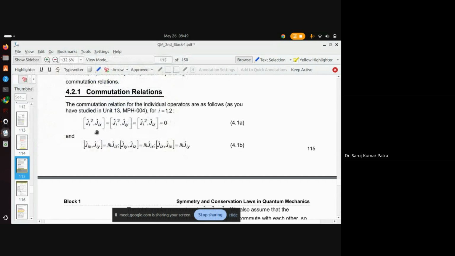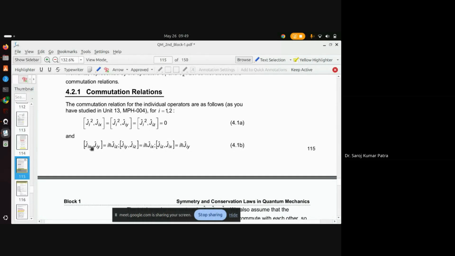So the same thing here: J square and Jx can be determined simultaneously. But if we take the commutator of Jx and Jy, it will be iħ Jz, and for Jy and Jz it will be iħ Jx, and so on.